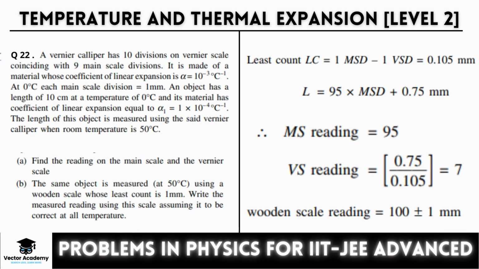And Vernier scale reading equals 0.75 divided by 0.105 equals 7. Since the least count of the wooden scale is 1 mm, it will not be able to measure 0.50 mm in 100.50 mm. So, wooden scale reading equals 100 plus minus 1 mm.